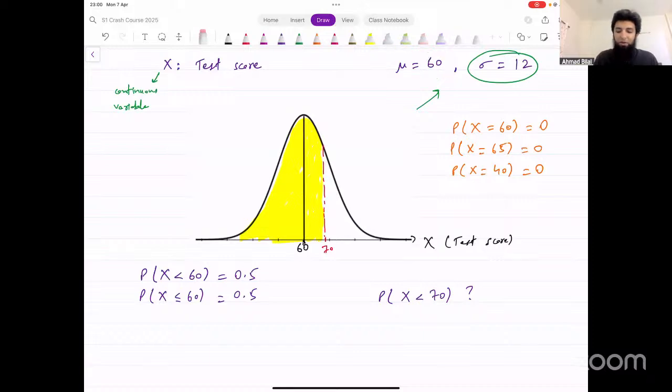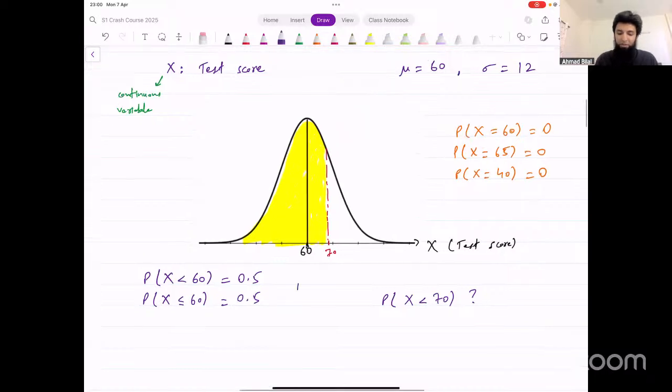You can represent this data in the form of a curve like this, such that the mean is right in the middle, which is 60, and your data is spread out like this, and you're supposed to find, for instance, probability of x less than 60. Since the curve is symmetric, you've got 0.5 area on the left side of the mean, 0.5 on the right side. So this area would be 0.5.